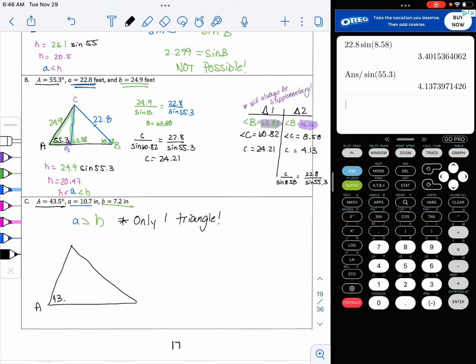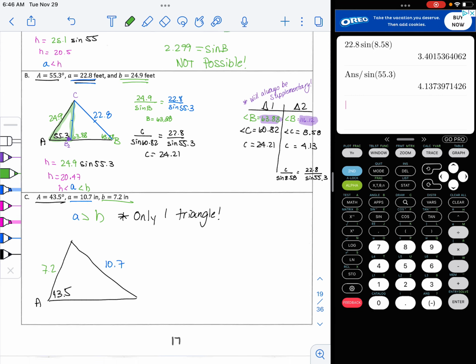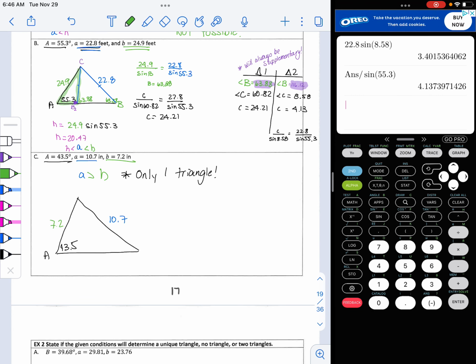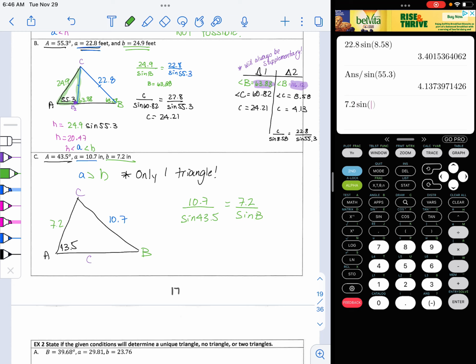So this is 43.5. This is 10.7. This is 7.2. So to figure this one out, this is angle B. Let's go angle C and side C. Let's set up angle B first. So I would have my 10.7 over the sine of 43.5 is equal to 7.2 over the sine of angle B. Do my cross multiplication, 7.2 times the sine of 43.5.